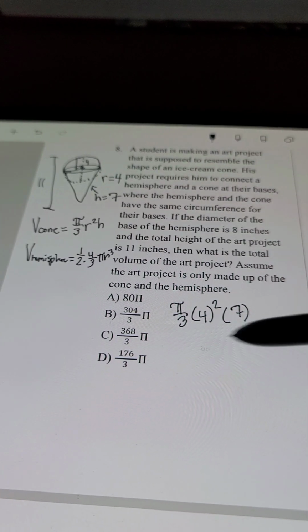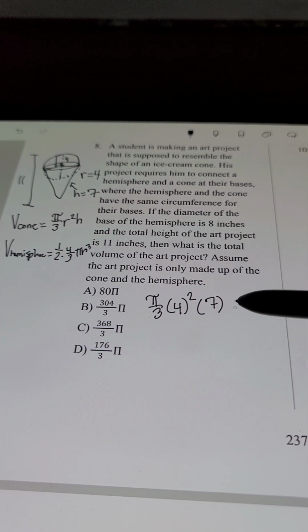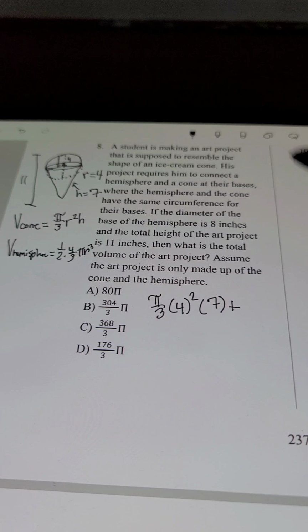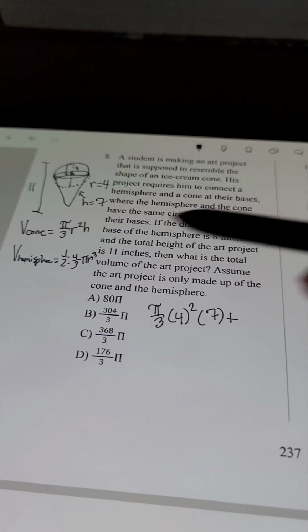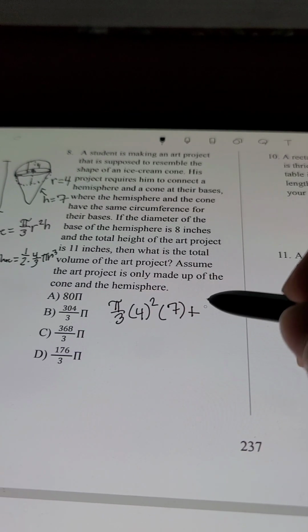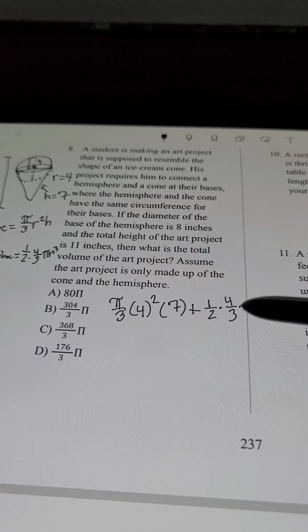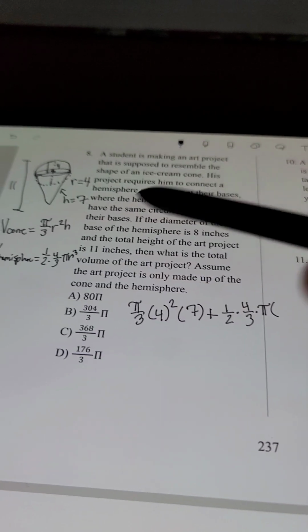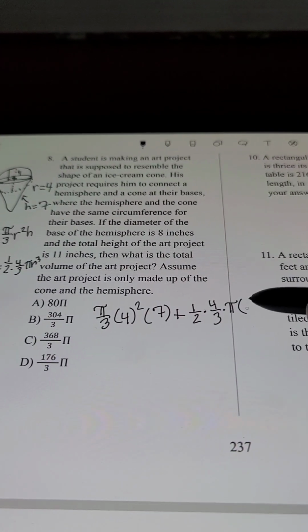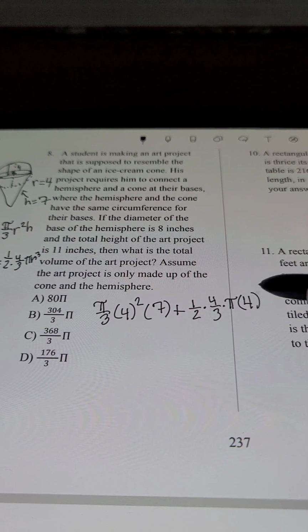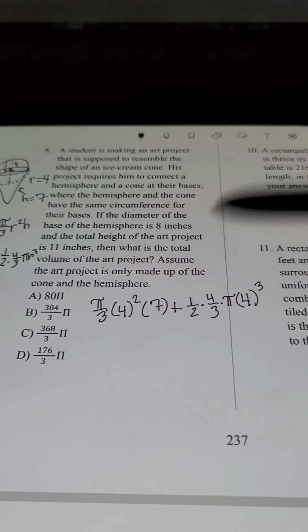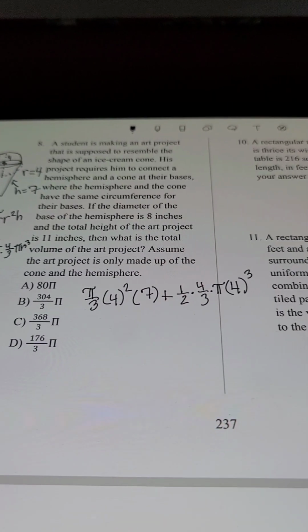So this is the whole thing for volume of a cone. And then to find the total volume, I'm going to add the volume of the hemisphere, which is equal to half times 4/3 times pi times the radius, which is the same 4, cubed. And once I solve this, I'll have my answer.